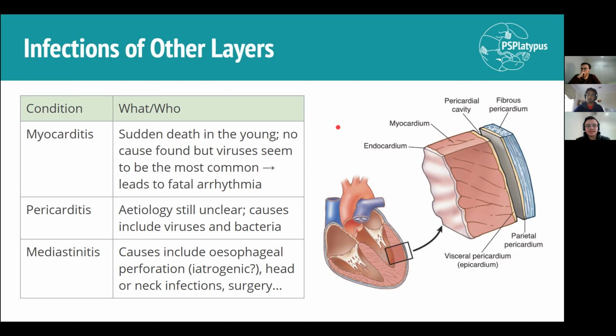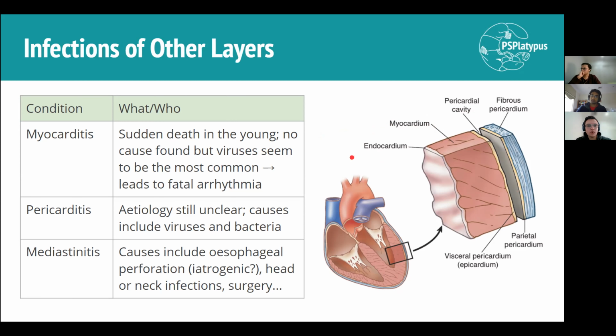And then finally, mediastinitis. So this is outside of the heart. It's the space between the 2 lungs. You've got different parts of the mediastinum. But if you have something like an esophageal perforation, so you've got damage to the esophagus, and that can be iatrogenic, so during surgery, or it can just be spontaneous because of having a weak esophageal wall, that can cause all the acid and things to spurt out and damage the space in the mediastinum.